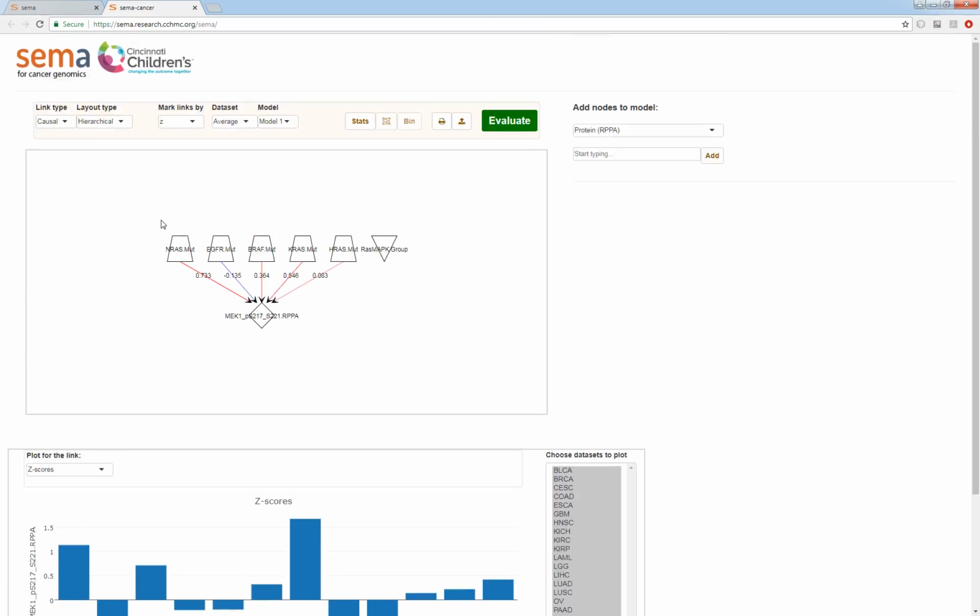Now, let's remove these links, and now let's look at how samples that have any of these mutations compare versus samples that don't have any of these mutations. So would we now see a stronger effect on MEK phosphorylations?